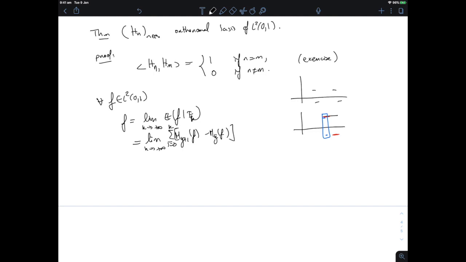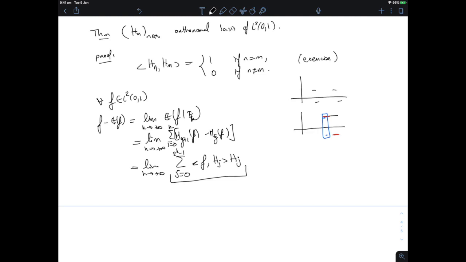I should have said my f may not have integral 0, so let's subtract the expectation of f, which is really m0 of f. Now, f minus its expectation can be written in that way, and we've seen that this is a decomposition into the H basis. So this is the sum over j equals 0 to 2^k minus 1 of the inner product of f and Hj times Hj. So we know that this decomposition into the H basis will converge, and it will converge to f minus the expectation of f.